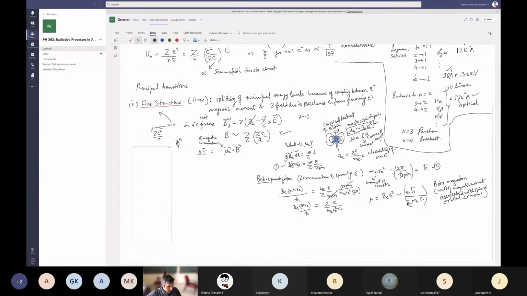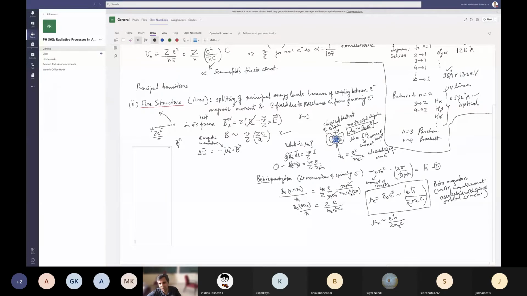Okay, so this is for an electron, right? If you have an electron, this is what you have, but you can also have a nucleus. If it has a spin, the same way you can have mu_n equal to e ħ by twice m_nucleus c.